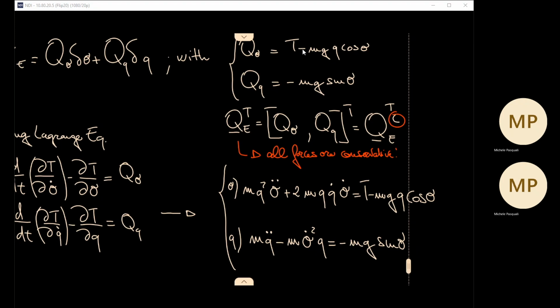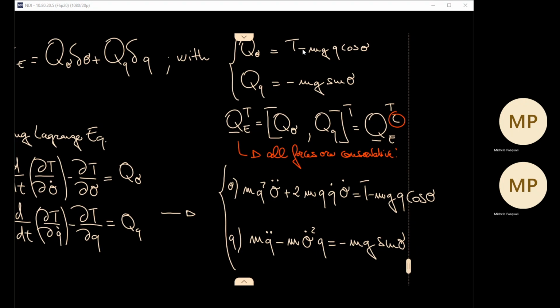I think it's quite easier now using Lagrange equations. We only have to take a couple of derivatives with respect to time or the generalized coordinates, and we get exactly the same equations as before.